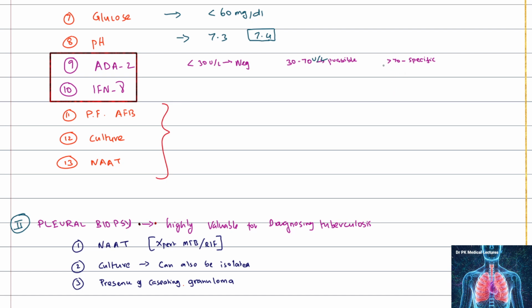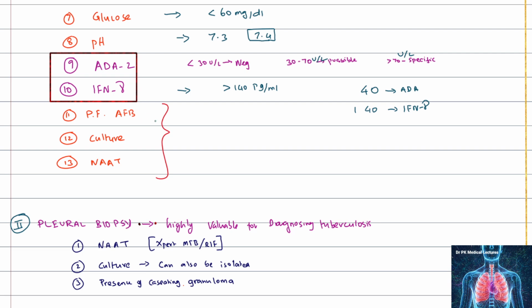But if it is more than 70 units per liter, it is specific for the diagnosis of tuberculous pleural effusion. Then interferon gamma, it is not done routinely because it is expensive. But if the value is more than 140 picogram per ml, it is highly specific for tuberculous pleural effusion. So remember these two values, 40 and 140. 40 for adenosine deaminase and 140 for interferon gamma.